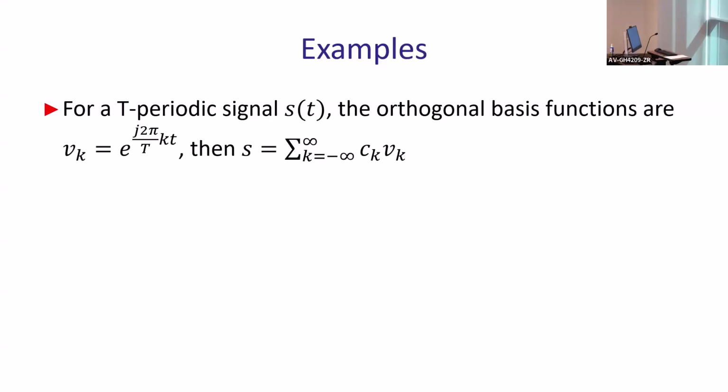So why is the basis orthogonal? You have the function which is vk. So vk will be an exponent of j 2 pi divided by T, k t. So this is the basis function, right?